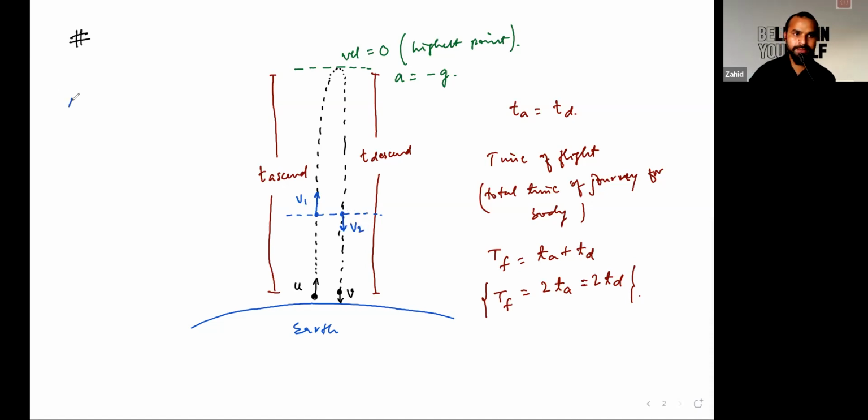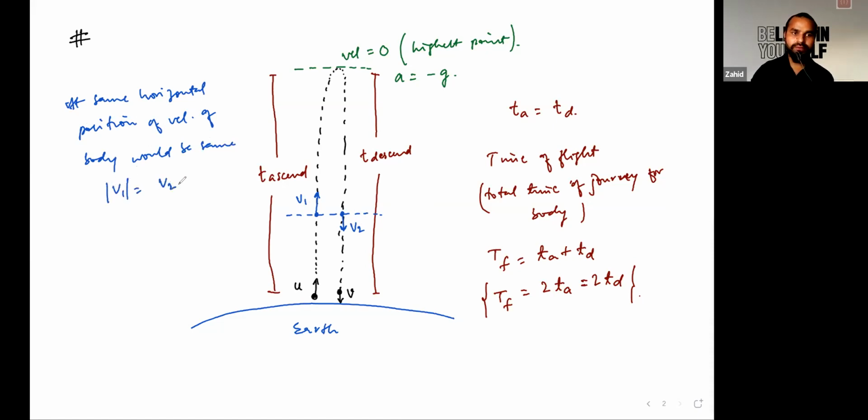So at the same horizontal position, the velocity of the body in either direction would be the same in magnitude, but not in direction. So we call it mod of v1 and mod of v2.